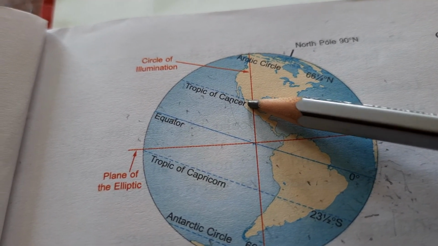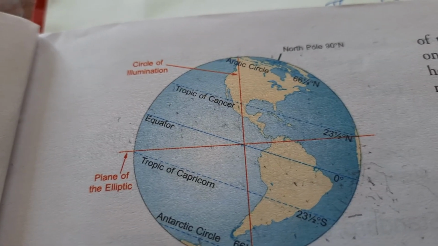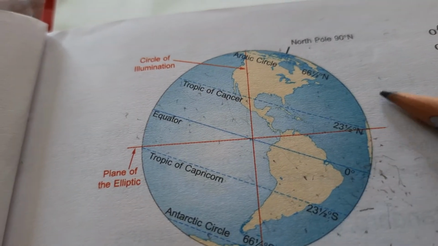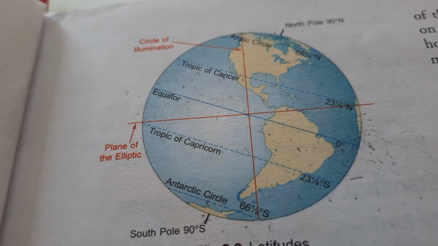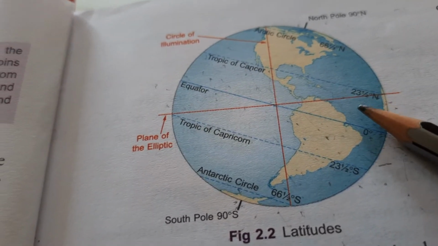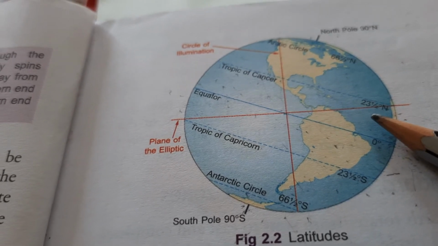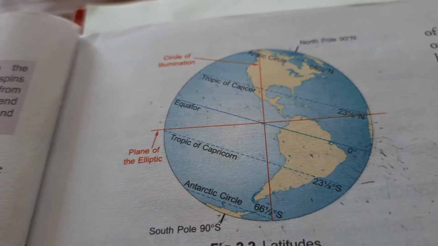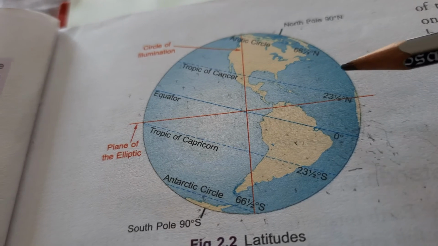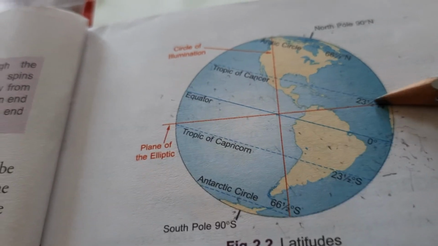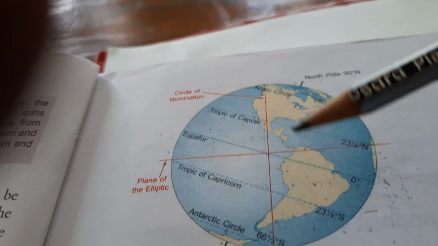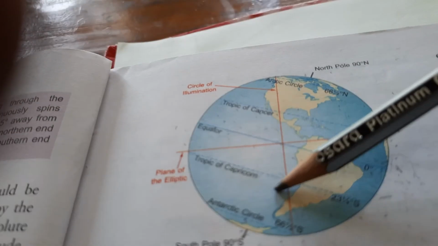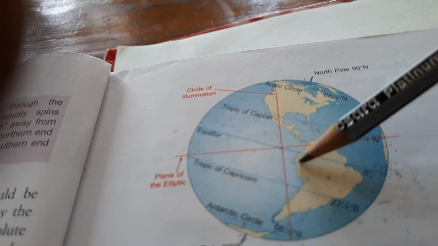It is situated at an angular distance of 23.5 degrees north in the northern hemisphere. And the Tropic of Capricorn is situated in the southern hemisphere.